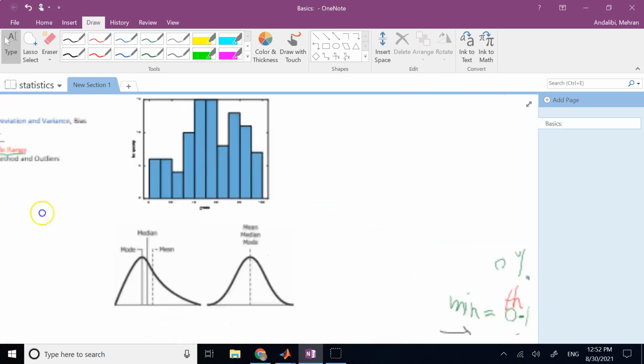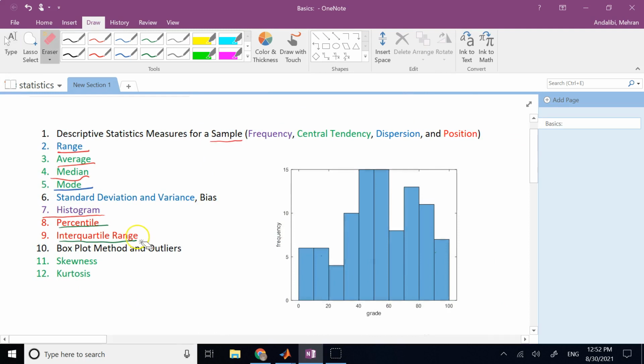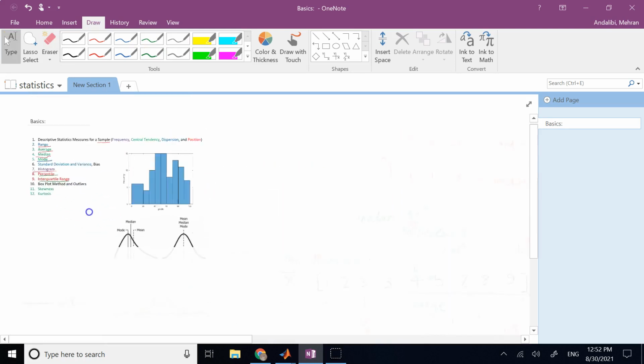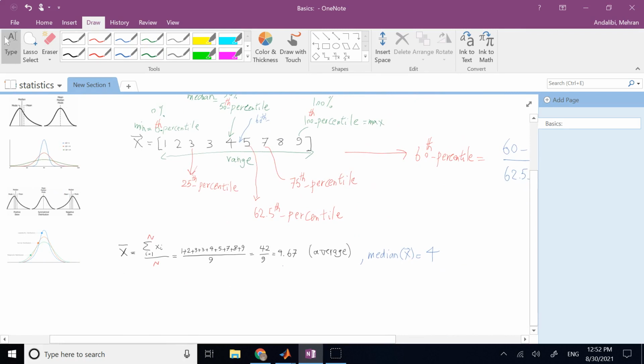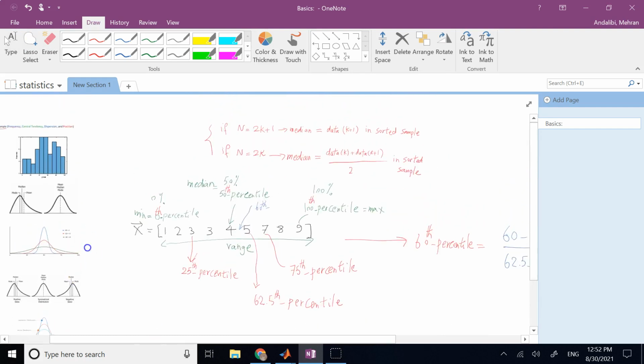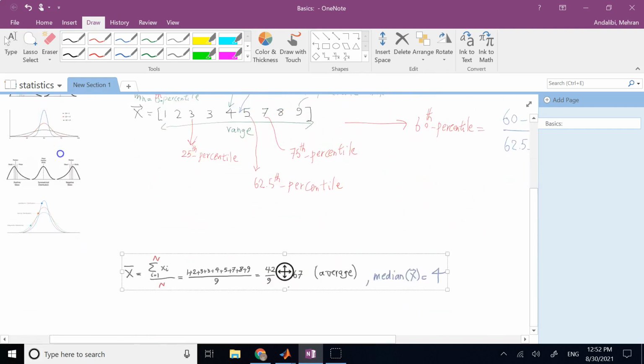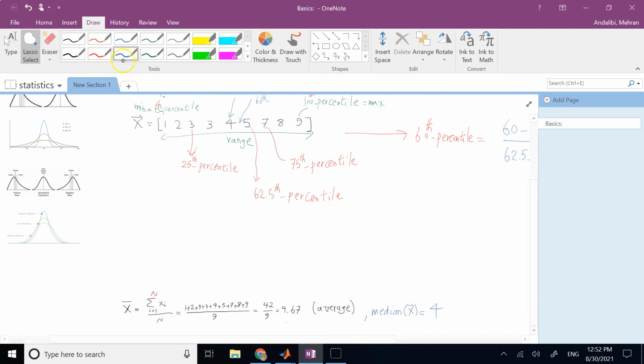Now, there is a term here that is called interquartile range. What is interquartile range? That's the distance between 75 percentile and 25 percentile. Okay, so this distance here. And move this down. It's the distance between 25 and 75 percentile.